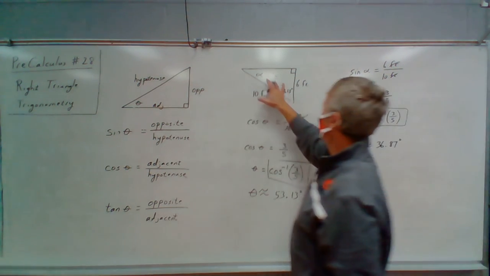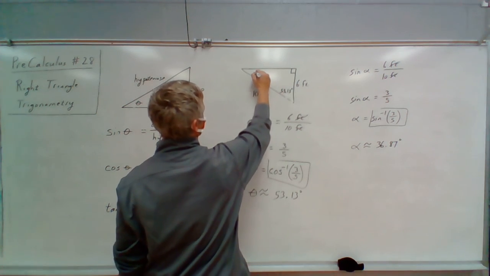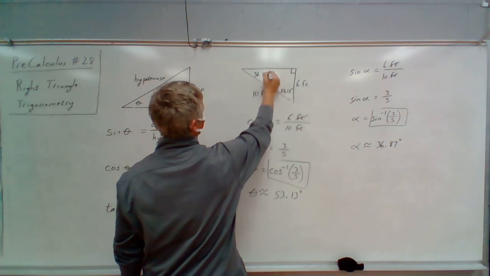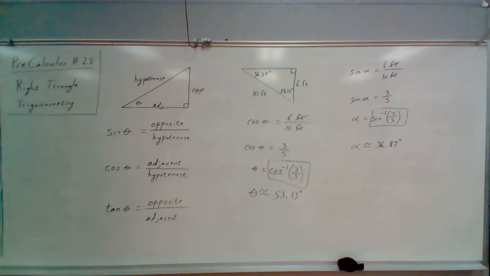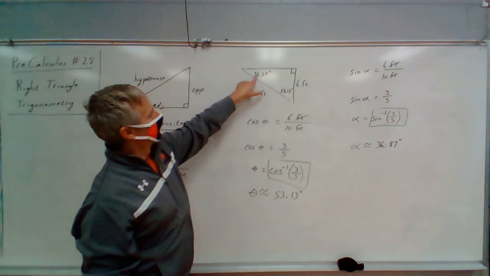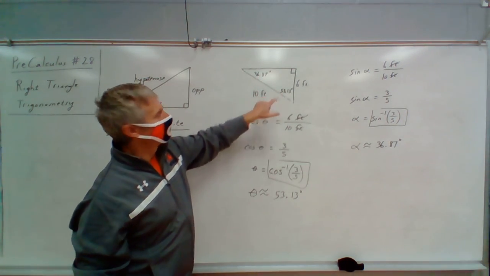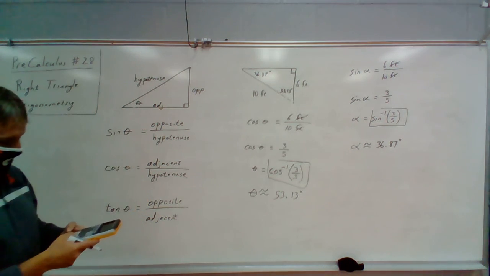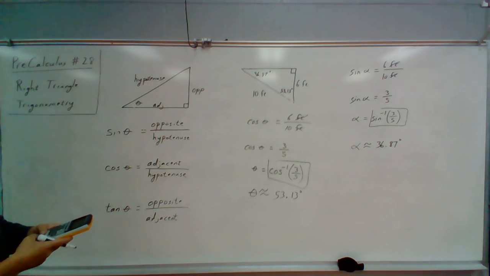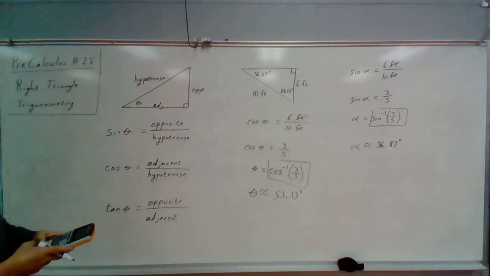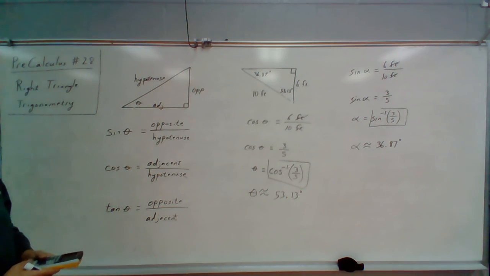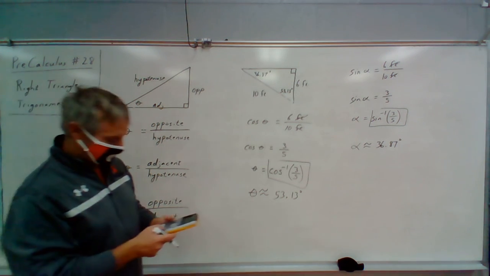So this angle is 36.87 degrees. Do these make sense? These two should add up to 90. Do those add up to 90? So 36.87 plus 53.13, and that adds up to 90. So we can be confident we got that right.